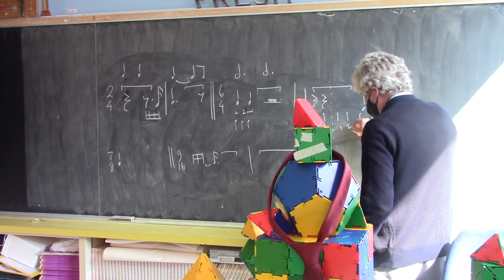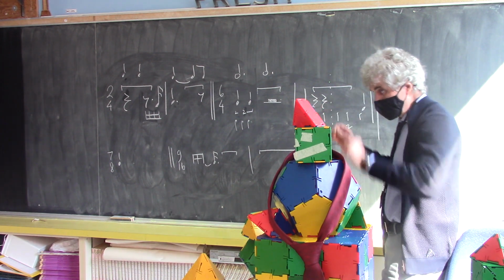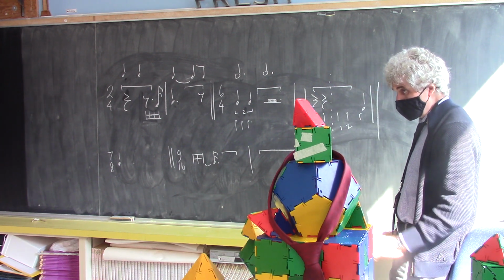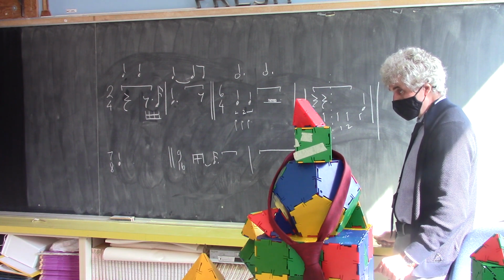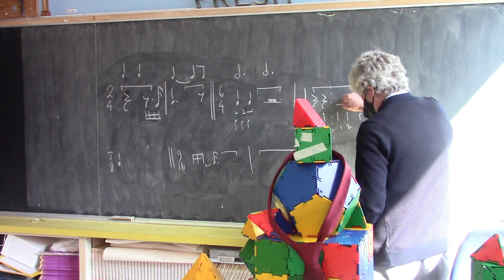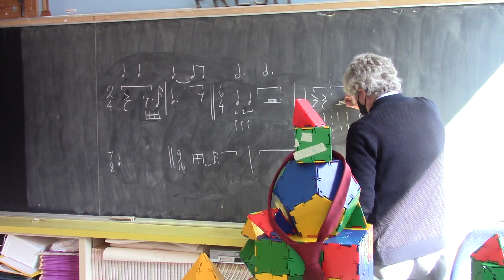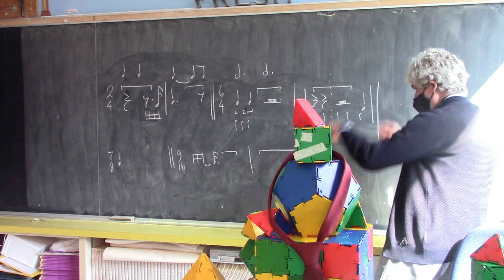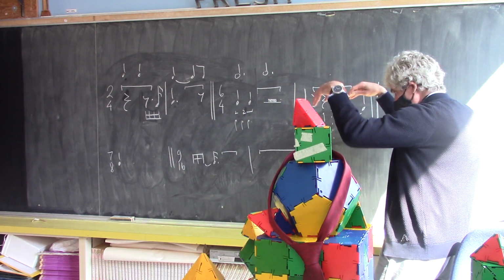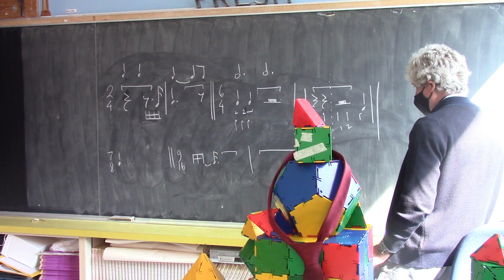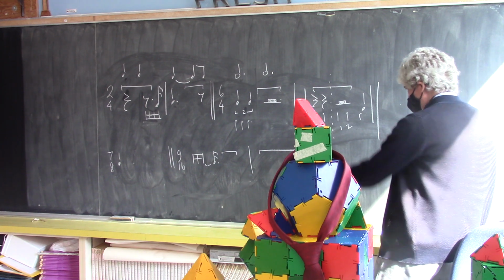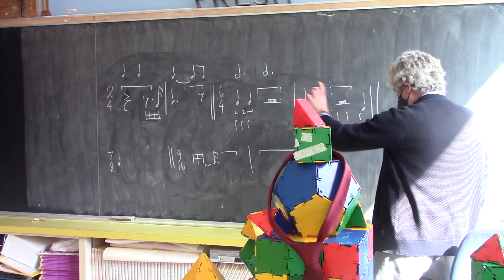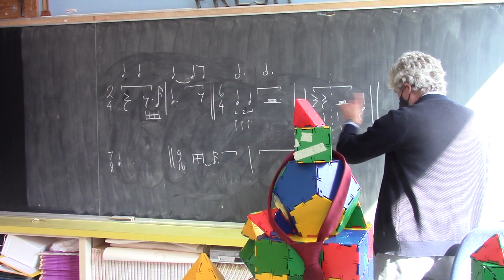Then pulse 1 and 2, 1 rest. Okay? And there's no other way to do this. So you have to do it this way. So that's going to be this guy, again, sitting on the middle line. Okay? So pulse 2 and 3, 2 rests, 1 and 2, 1 rest.